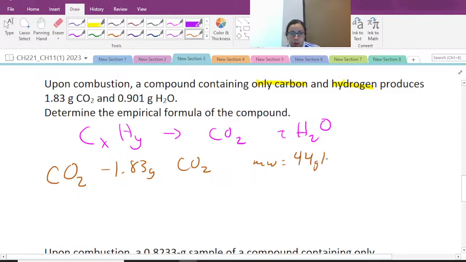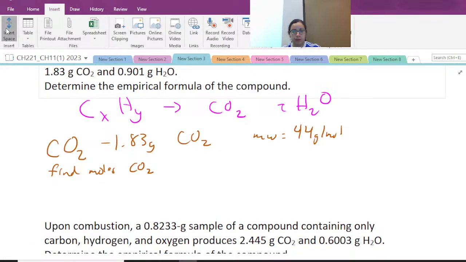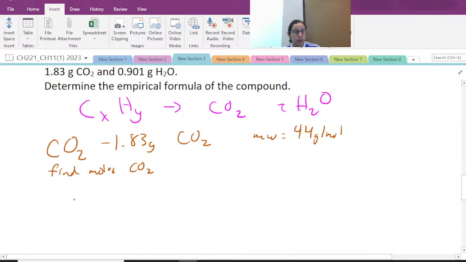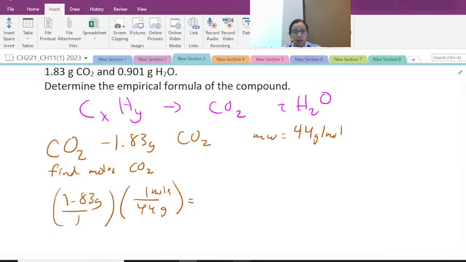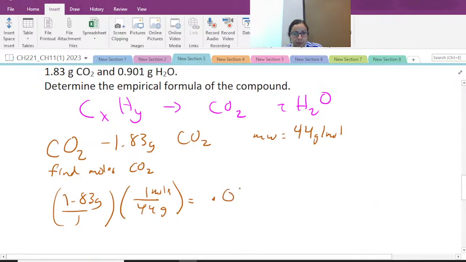So 44 grams per mole. So first step, find moles of CO2. So 1.83 divided by our molecular weight of CO2, so 1.83 divided by 44. And so I get 0.0416 moles of CO2.